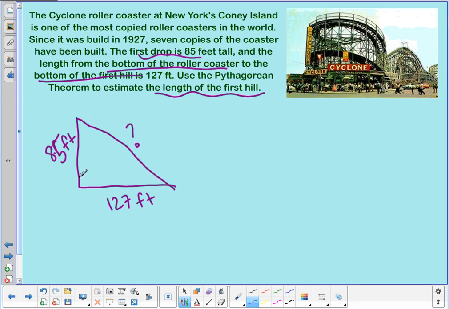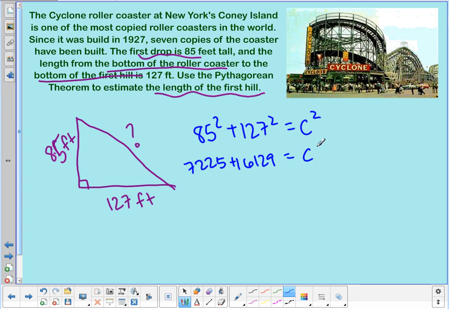Okay, so now we're going to assume that the tower that goes straight up from the ground makes a right angle, which makes it a right triangle. And since it's a right triangle, we can use the Pythagorean theorem. So we're going to have 85 squared plus 127 squared is equal to c squared. And then I square both of those. 85 squared is 7225. 127 squared is 16,129, and that's equal to c squared.